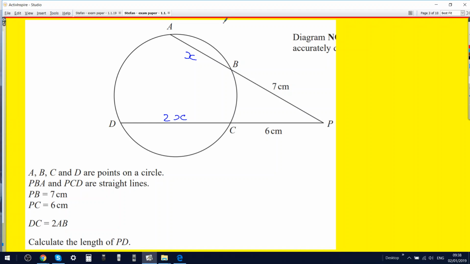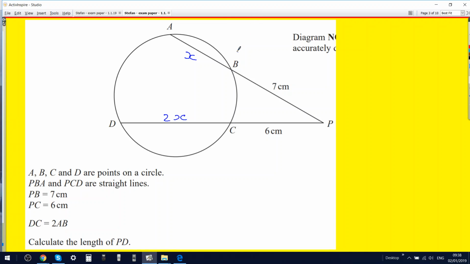Or in some kind of equation. You might not know it. I'm not sure.